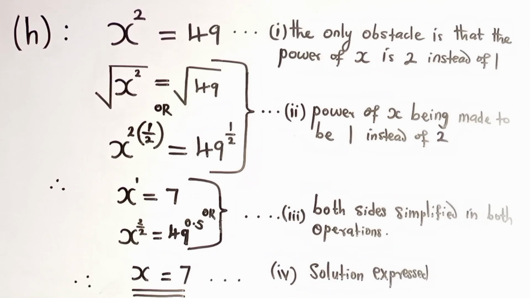There are two major approaches to clearing powers. That this is power 2 is just typical of this example. It is possible for us to have other examples where we have power 3, power 4, power 5, as we had in the beginning of this lesson.